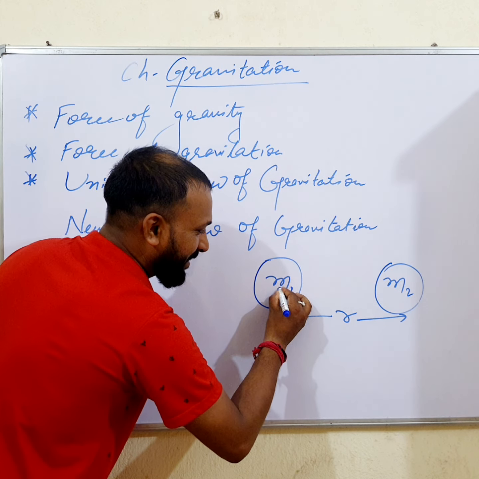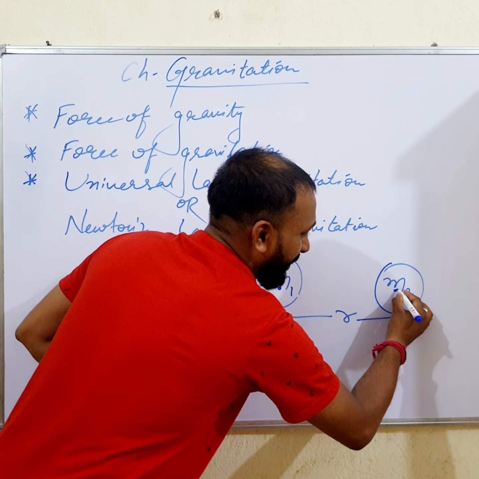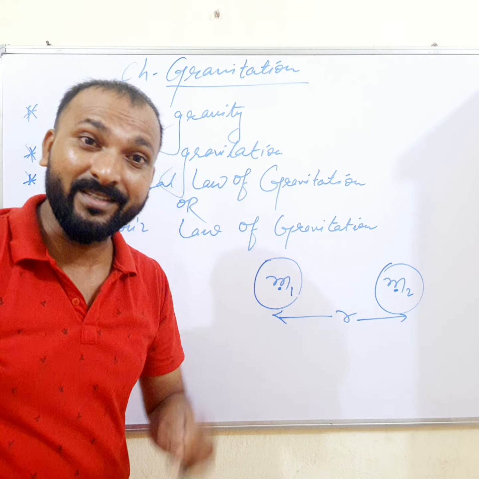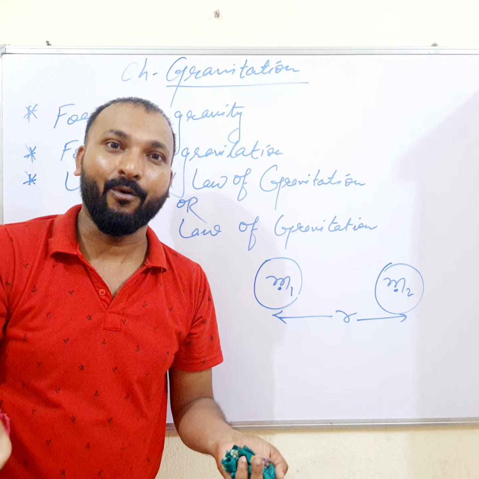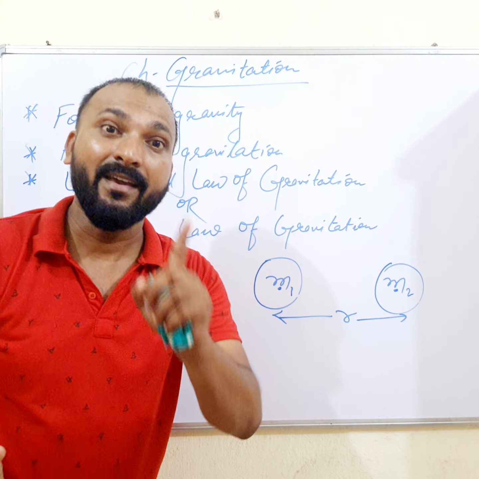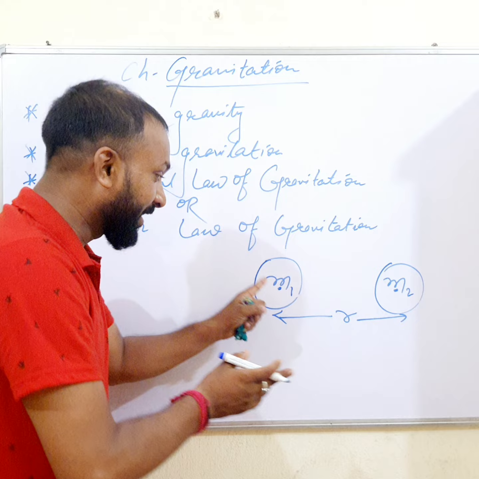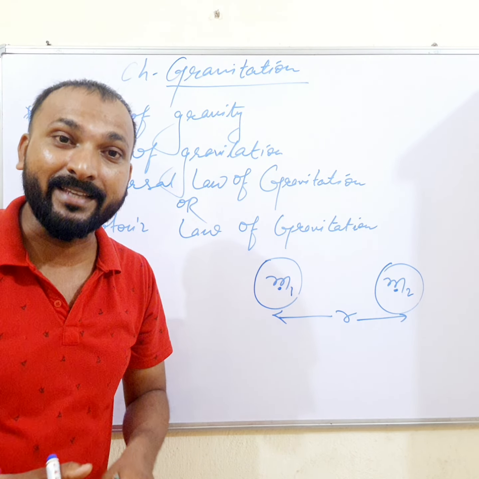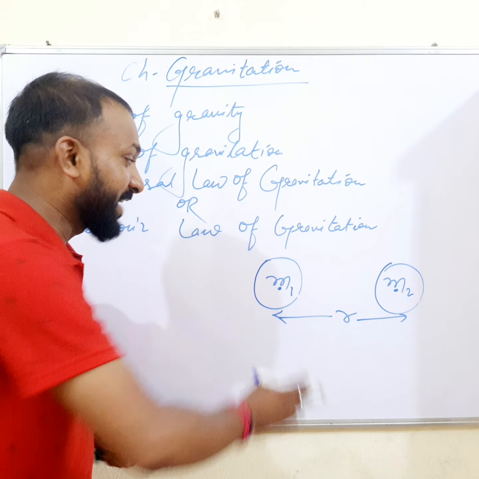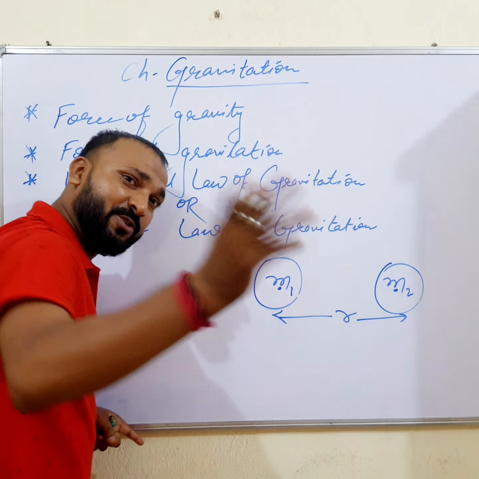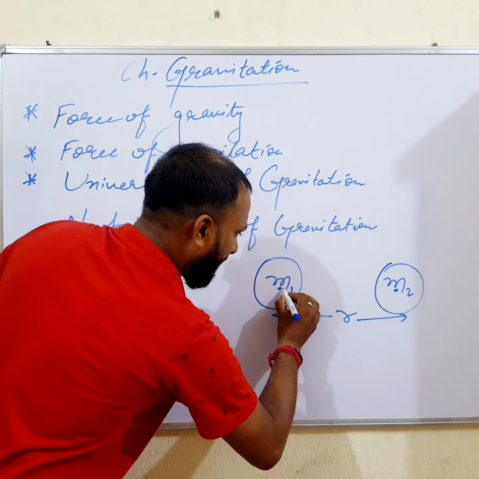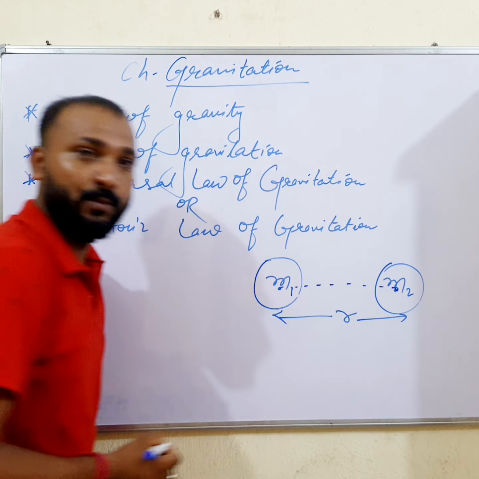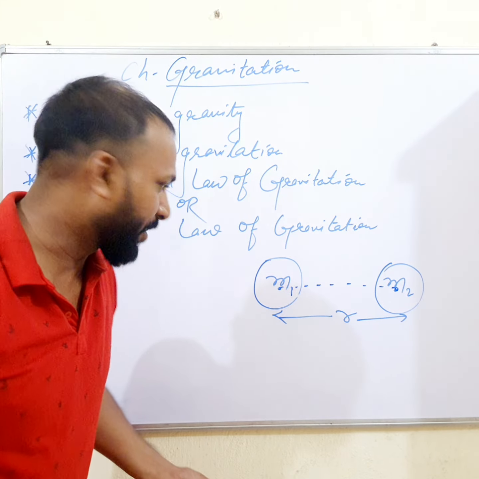This is the center point, or you can say the center of mass, in which the matter of the whole body can be concentrated. This is the reason gravitational force is known as a central force, because it acts along the line joining the centers of these two bodies.